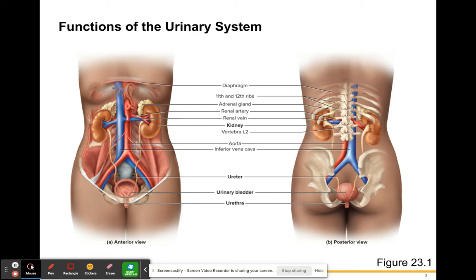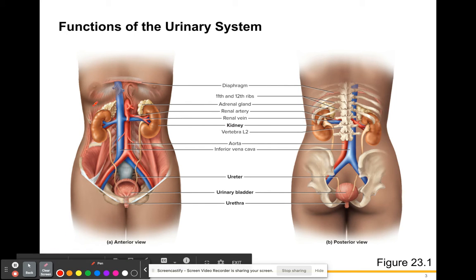Here we can see a basic diagram of the urinary system, and that urinary system is going to start with the kidneys. Obviously, with the blood vessels that enter and exit the kidneys, which are the renal veins and arteries.